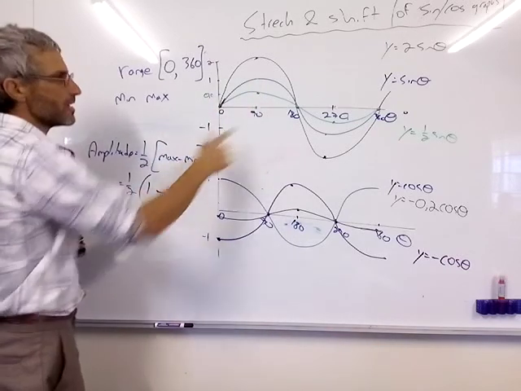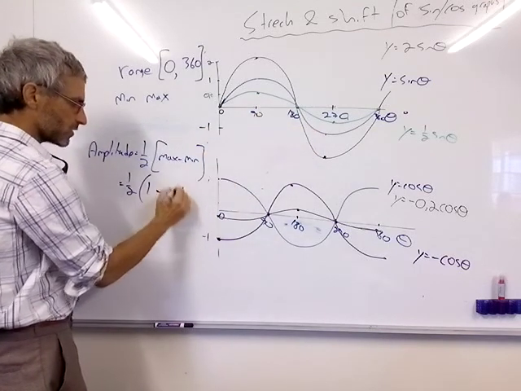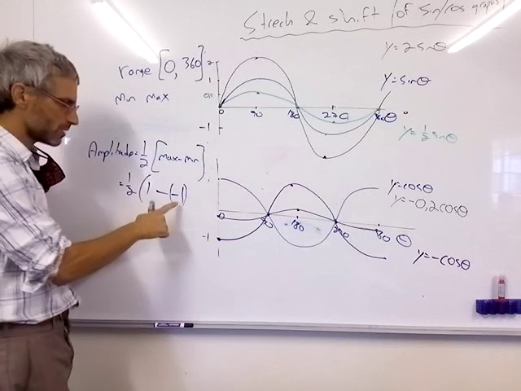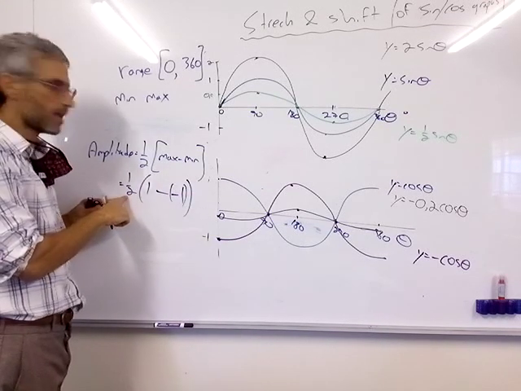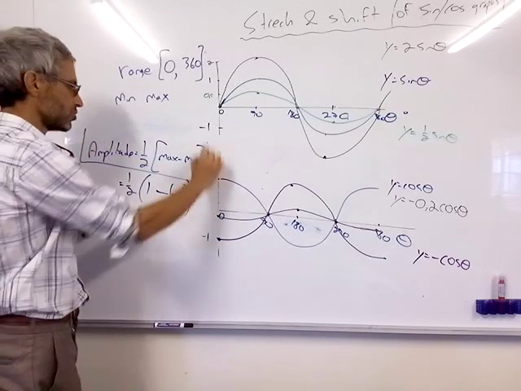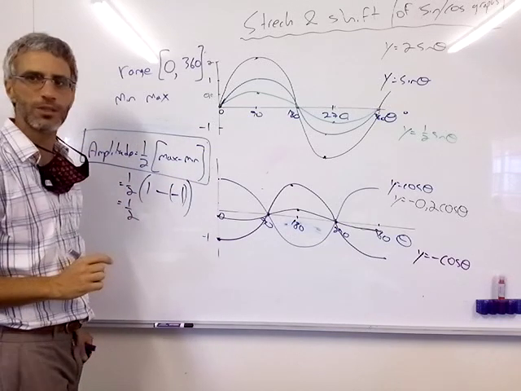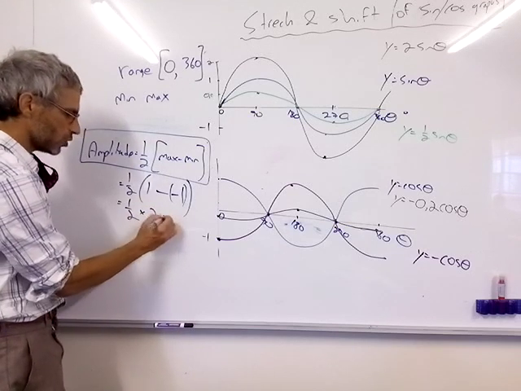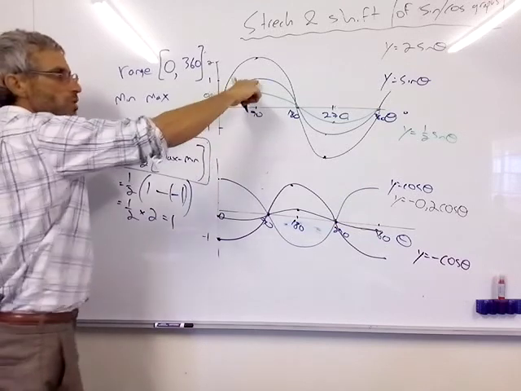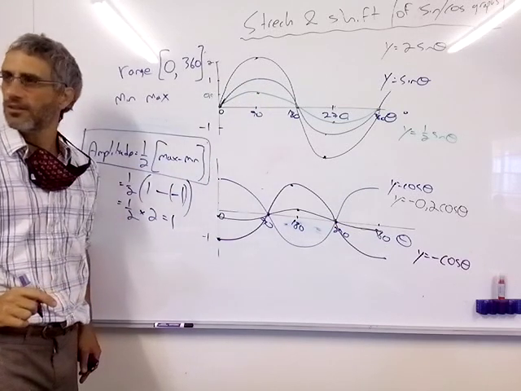The minimum is minus 1. So it's 1 minus minus 1, times half, because that's the definition of the amplitude. What is 1 minus minus 1? 2. So half times 2 is 1, which we know the amplitude really is. Does that make sense?